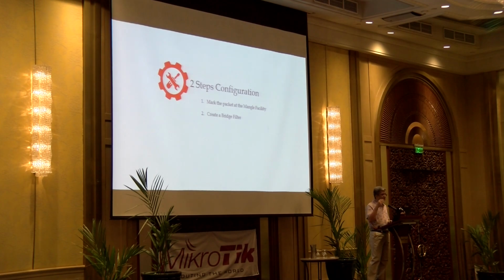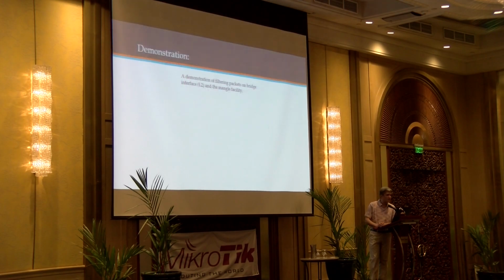If you think about it, you would think, oh, okay, this is a very complex thing. But there's actually a 2-step configuration. Mark the packet at the mangle facility, create a bridge filter, and do the filtering. Here is a demonstration of filtering packets on the bridge and mangle facility.